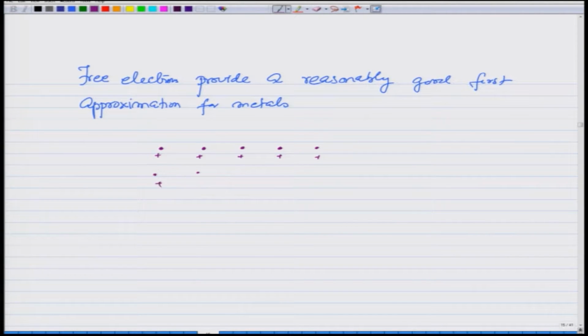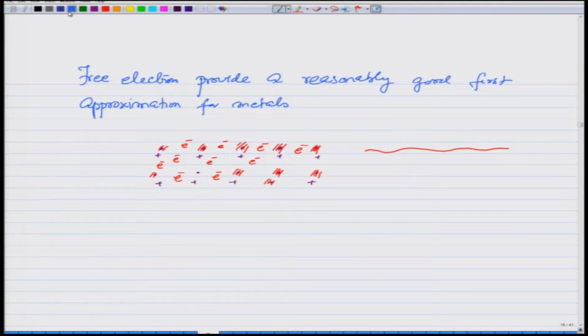Let me make a few, and these electrons which are delocalized and moving all around. Since they are mobile, they screen out the charge of the ions. They move around these positive background charges, and therefore, the potential in which they move in a self consistent manner is very much constant. So, the potential could be something like this.